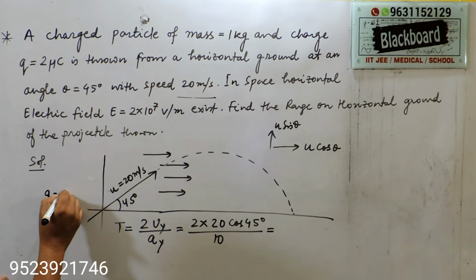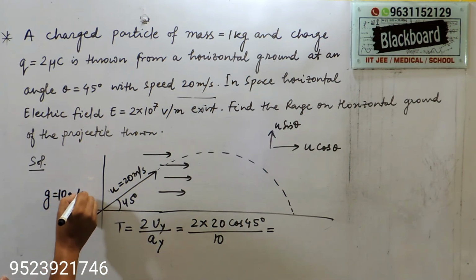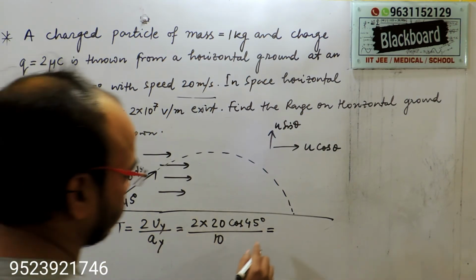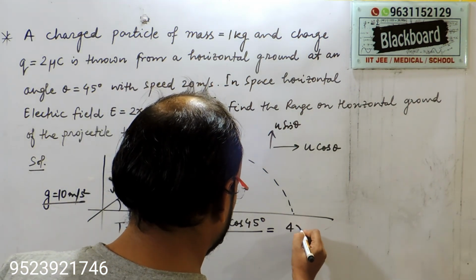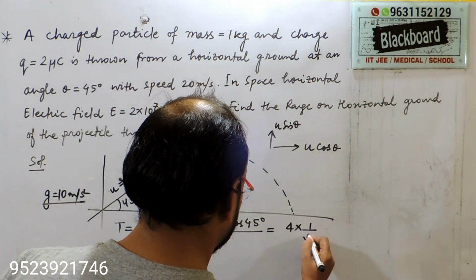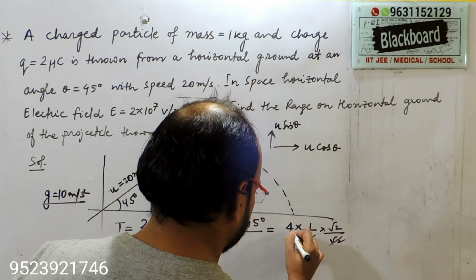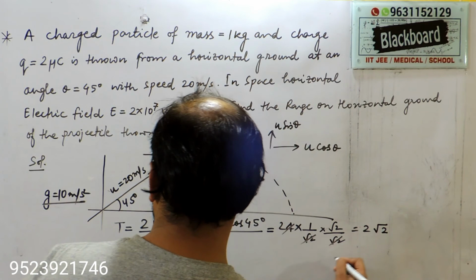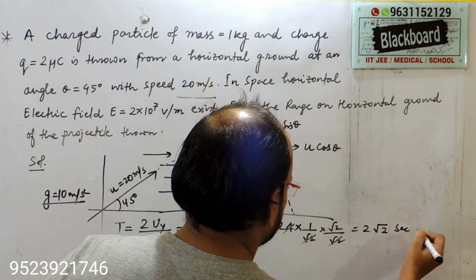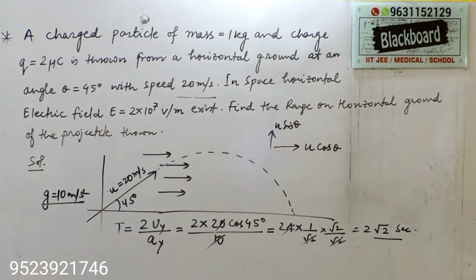Let g equal 10 meter per second square. After solving this you will get 4 times cos 45, that is 1 by root 2, so 2 root 2 seconds is your time of flight.